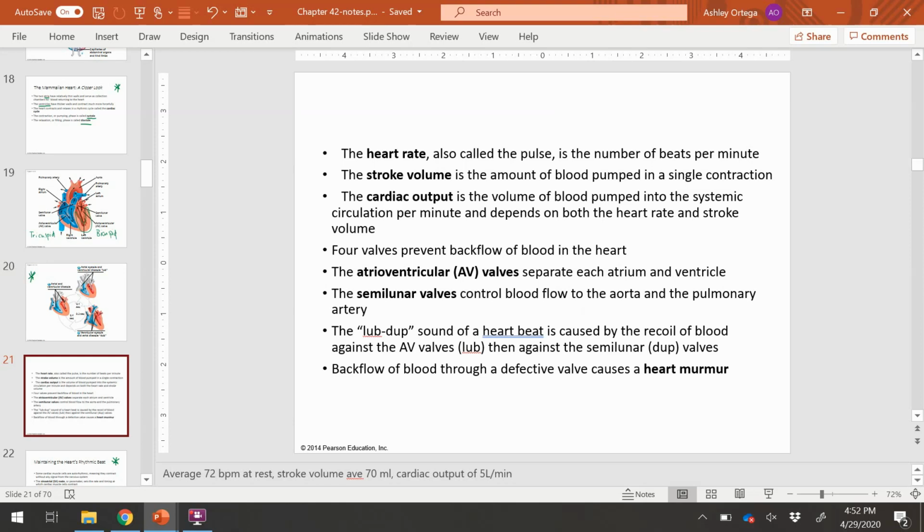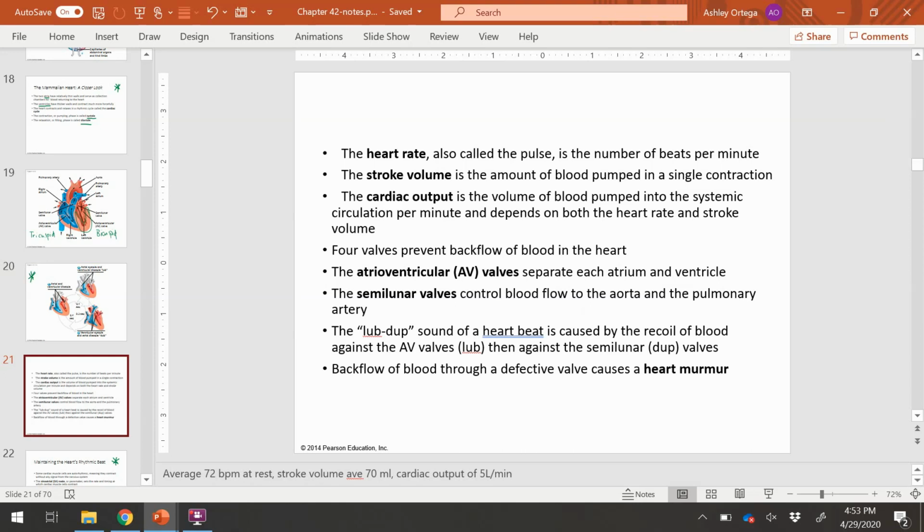The stroke volume is the amount of blood pumped in a single contraction, which averages about 70 milliliters of blood. The cardiac output is the volume of blood pumped into the systemic circulation per minute, and that depends on the previous two measurements. And it's an average of about 5 liters per minute. So every minute, all of your blood gets cycled through once. And so that's a very large output.